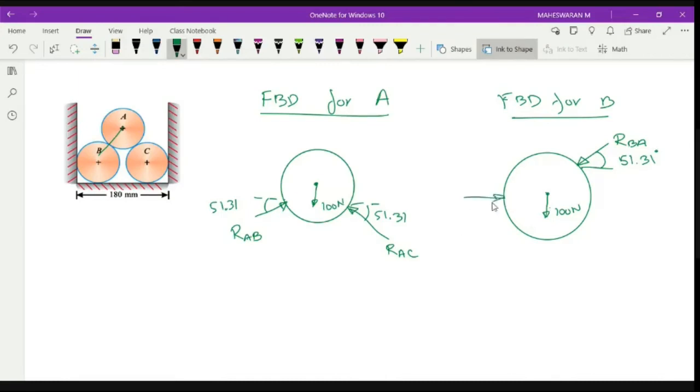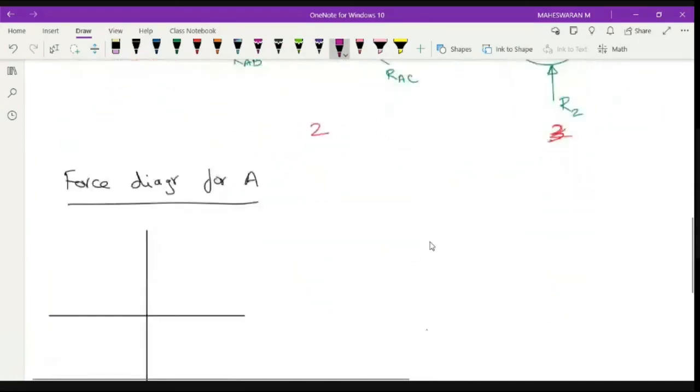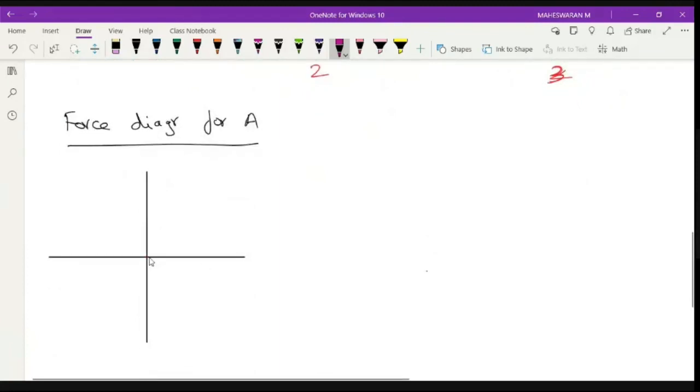Then you have R1, horizontal. Now you can see that this has two unknowns and this has three unknowns. So the first thing is I have to solve the force diagram for A, then proceed to B. So 100 Newton acting downward.